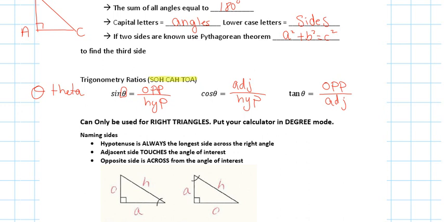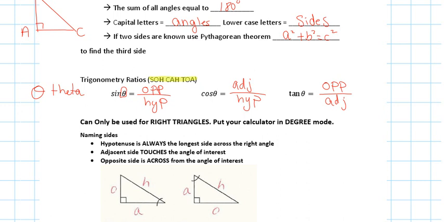So make sure you check your calculator, and if it doesn't say D or DEG or nothing, then come and see me. I can help you change it. It will usually say a small letter on the top.